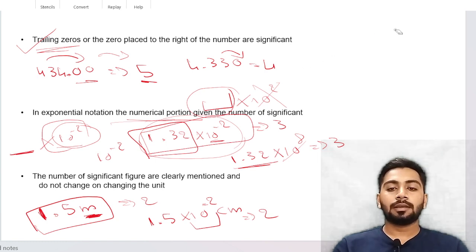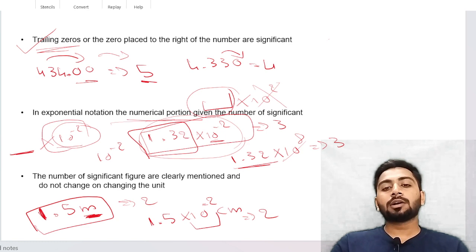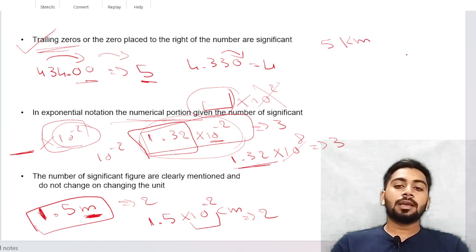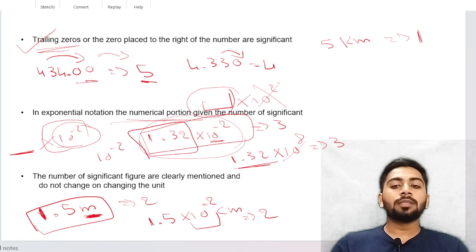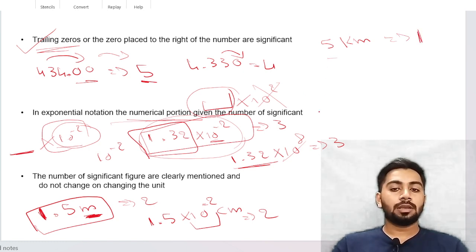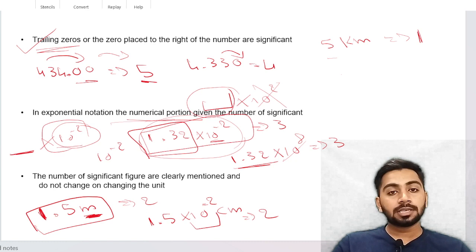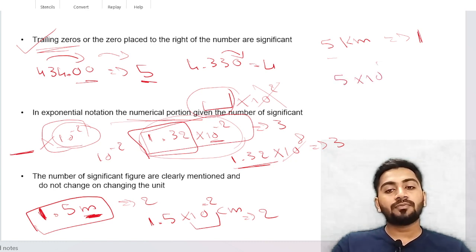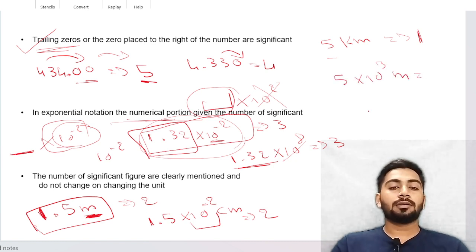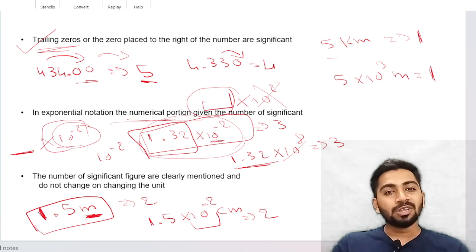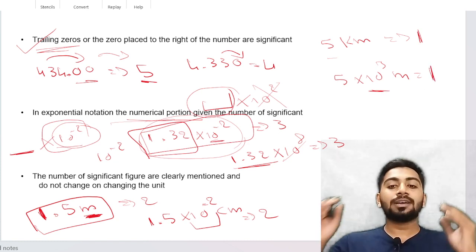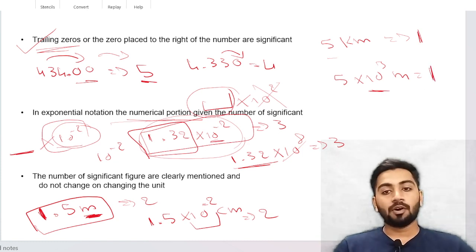Suppose you have walked 5 kilometers. Here the significant value is 1, only one number. Now if I convert this to meters, it becomes 5 into 10 to the power of 3 meters, right? Now the significant value is 1 only, because you won't count this value.